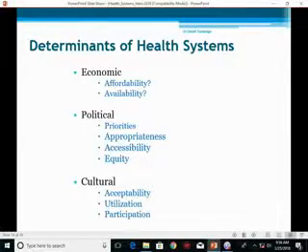Then the utilization. Sometimes certain facilities are underutilized. People go to the traditional practitioner instead. So there are cultural factors that determine that. And then community participation in healthcare systems.